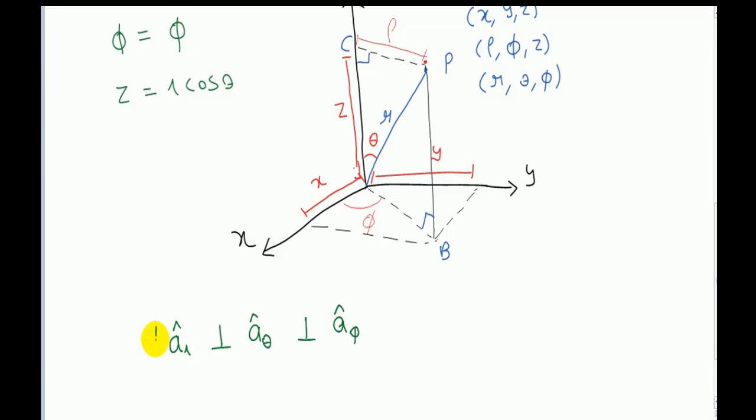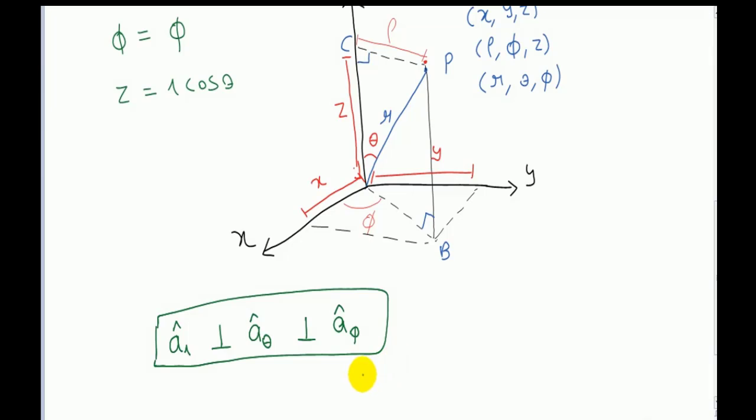Here also all three unit vectors are mutually perpendicular. Their dot products with the same components, ar cap dot ar cap or a theta cap dot a theta cap or a phi cap dot a phi cap, will equal 1.